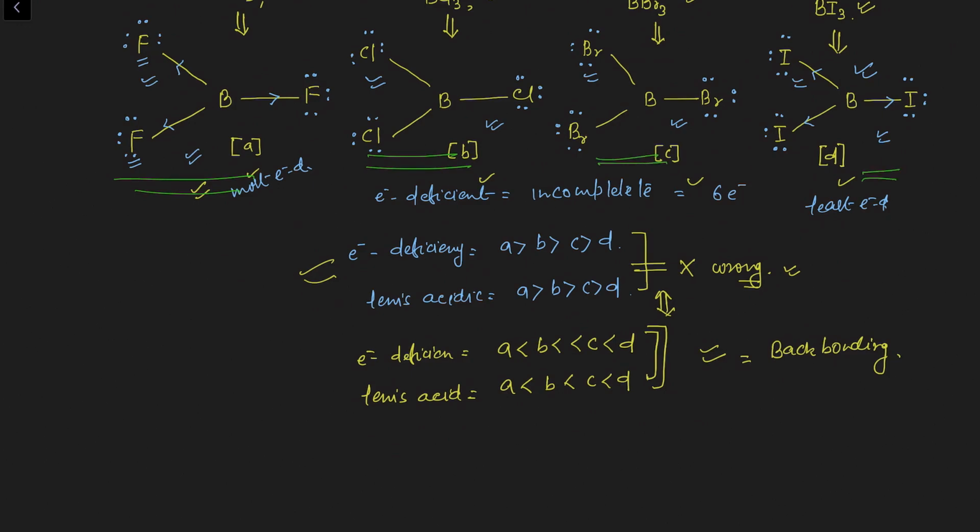If you want to understand why BF3 forms back bonding, please watch my last video, then come to this video, and you will easily understand the reasons for this order of electron deficiency and Lewis acidic character. So let's observe the extent of back bonding in the boron halides.